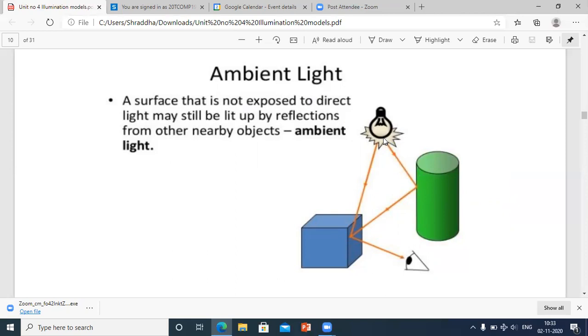Again this light from the bulb will come, travel down, hit the square, and again it will hit towards your eye. Hit your eye means what? The reflection that is produced after hitting the particular object is making these objects visible to the particular viewer. So ambient light is nothing but a background light.